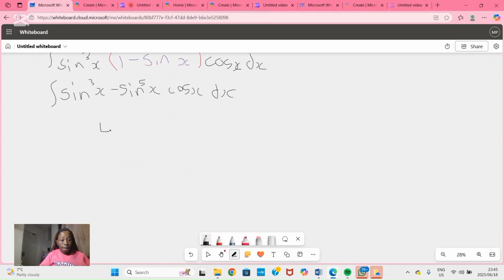Then we're going to let u equal sine x. So we have to find du. We're going to say du is equal to differentiating sine x. We're going to have positive cos x dx. Now we have to calculate dx.